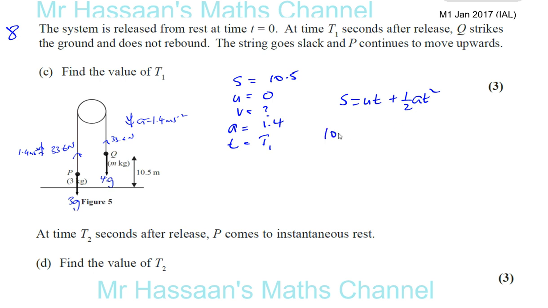So we've got 10.5 is equal to u, which is 0, times t, so that's 0, plus a half times 1.4 times t squared. So t squared is going to be 10.5 divided by a half of 1.4, which is 0.7.